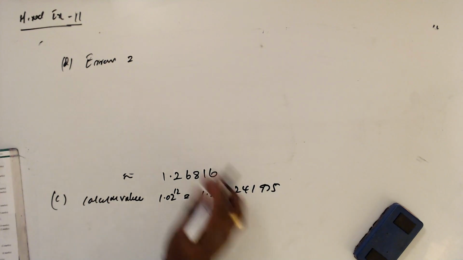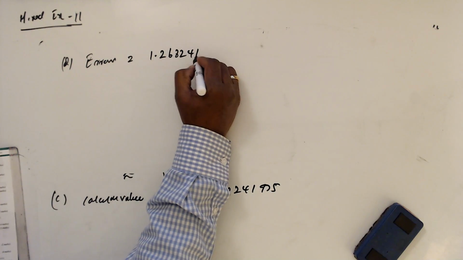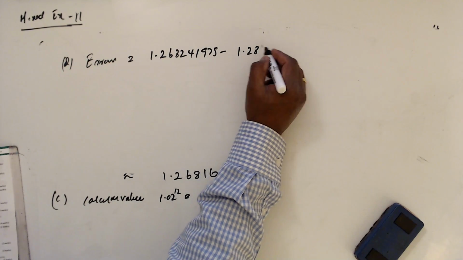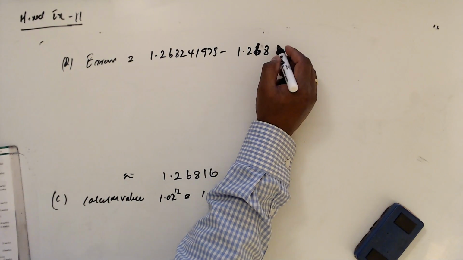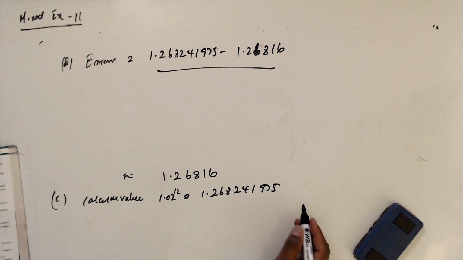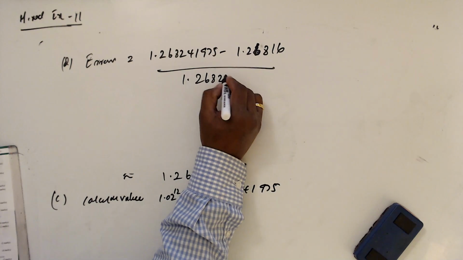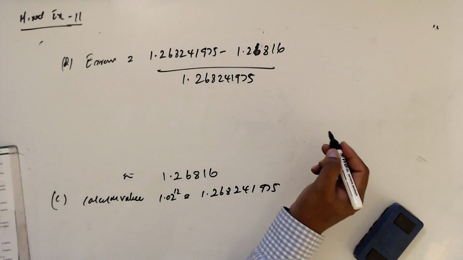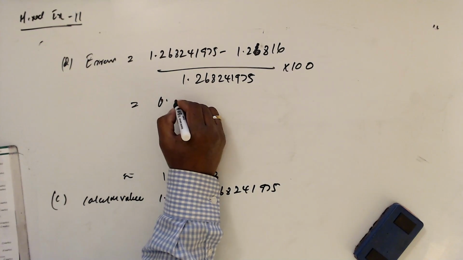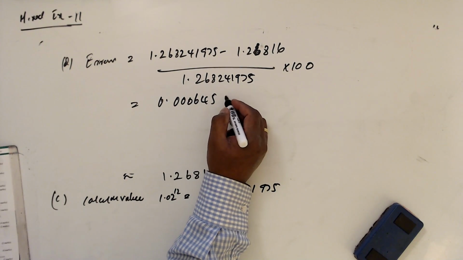The calculator value is bigger, so 1.268241975 minus 1.26816, divided by 1.268241975, multiplied by 100. So this is equal to 0.000645 percent.